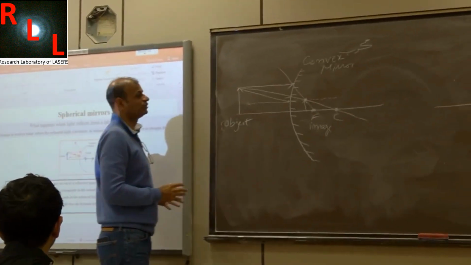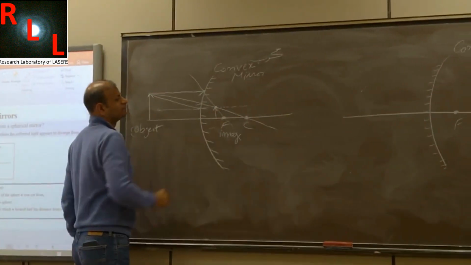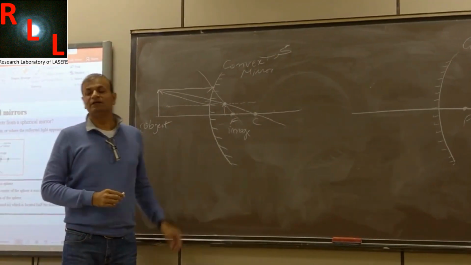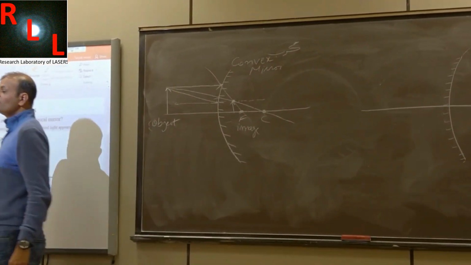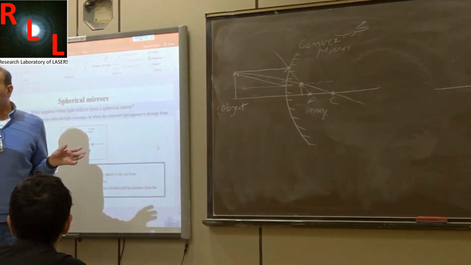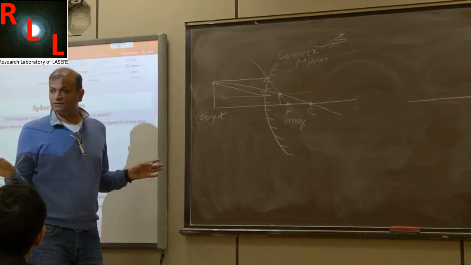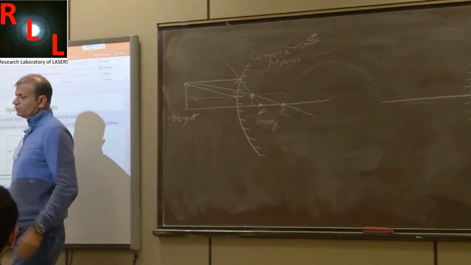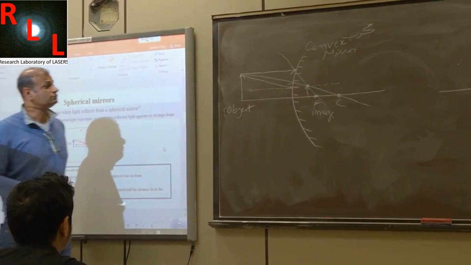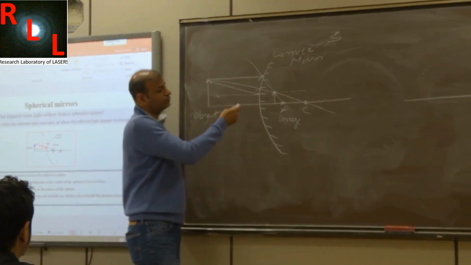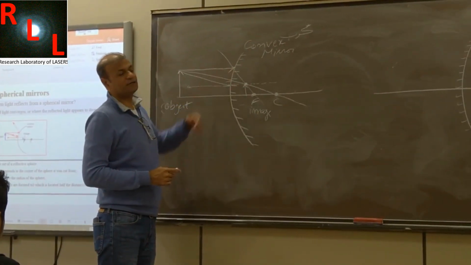So it is a virtual image on the other side. I also mentioned that convex mirrors are used mostly as the side mirrors of your car. This is how you draw the rays for the convex.